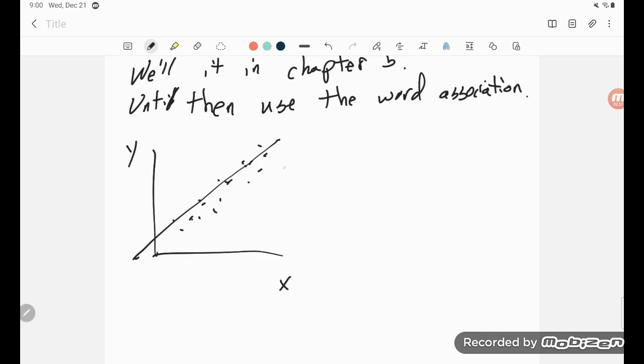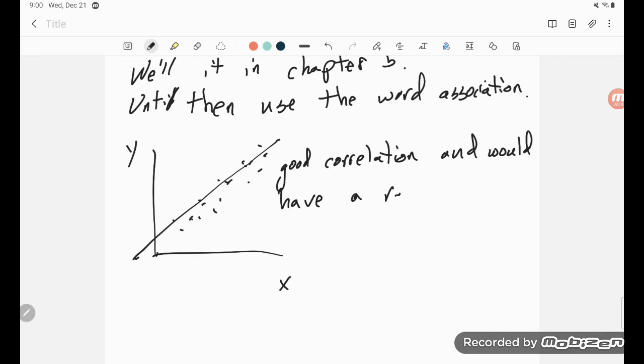Okay, that has a good correlation, and would have a reasonably good correlation coefficient.